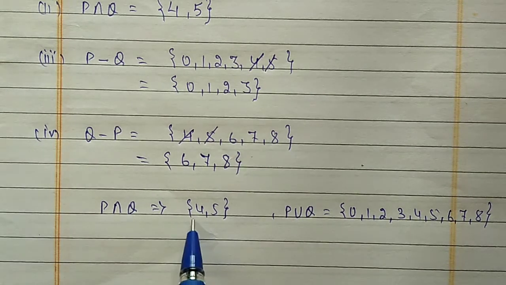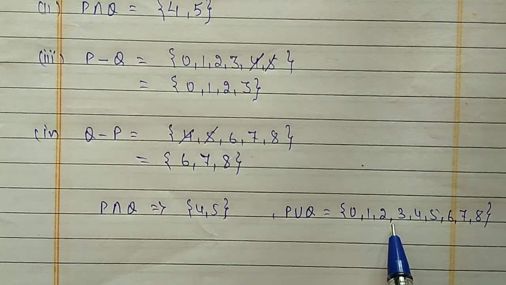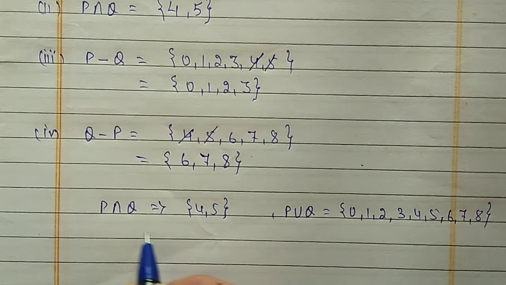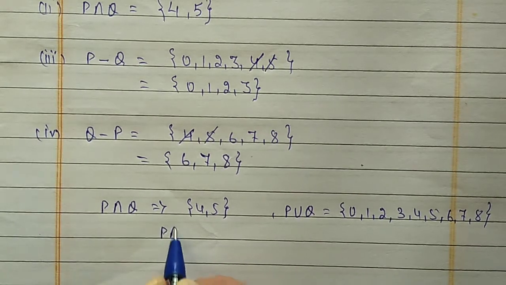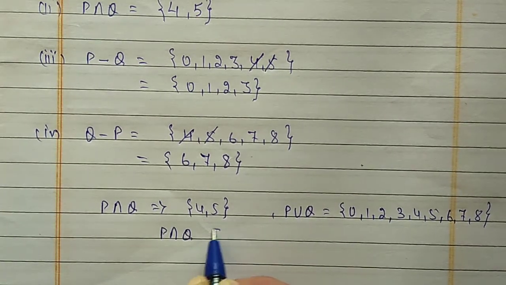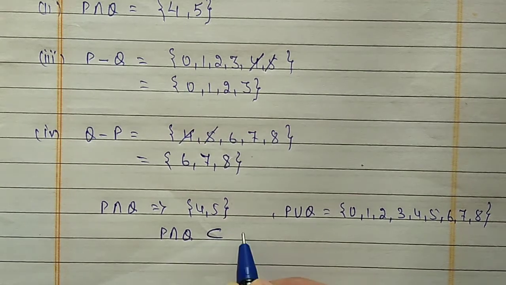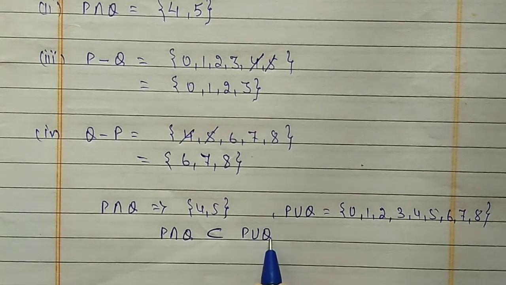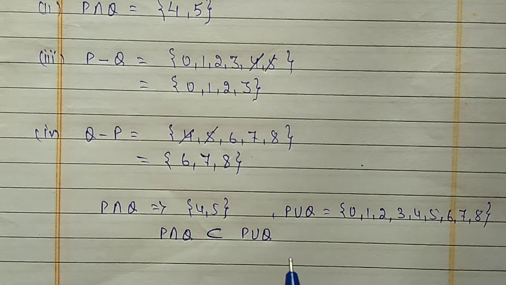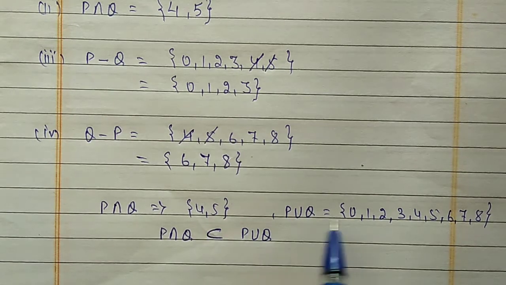So all the elements of P intersection Q are in P union Q also. It means this set P intersection Q is a subset of P union Q, proper subset of P union Q. Proper means it should not be equal.